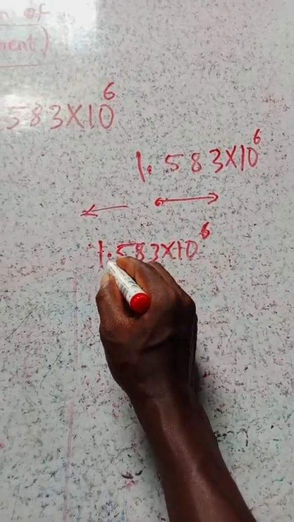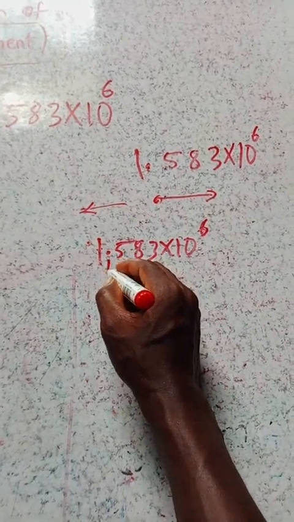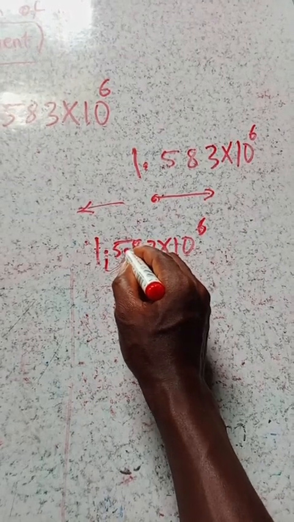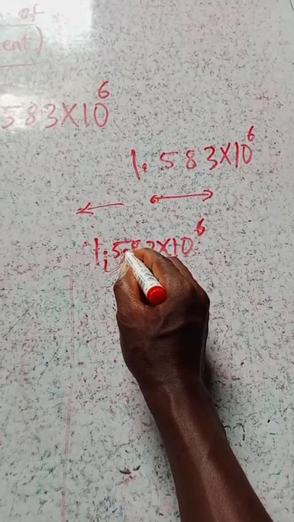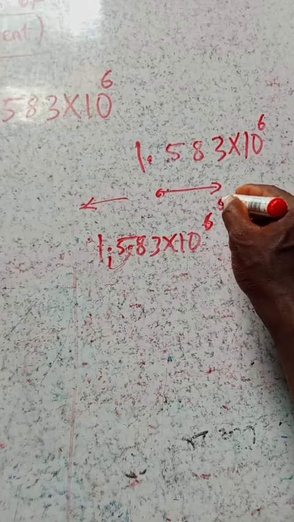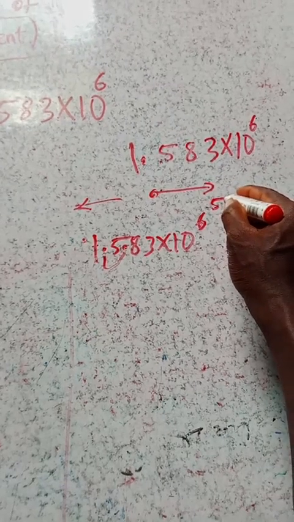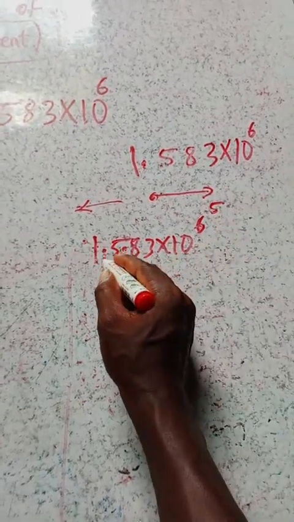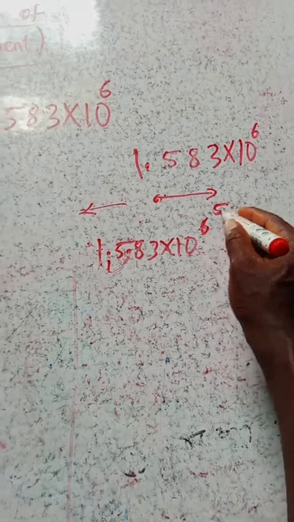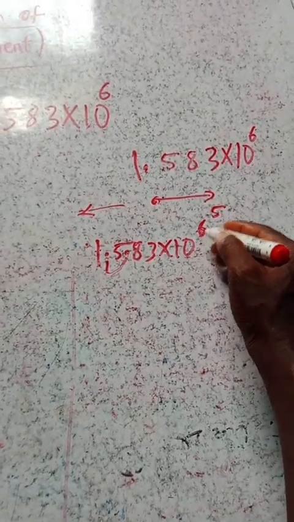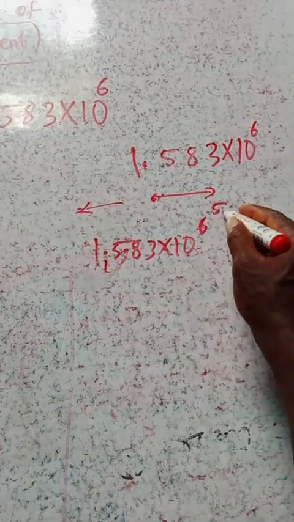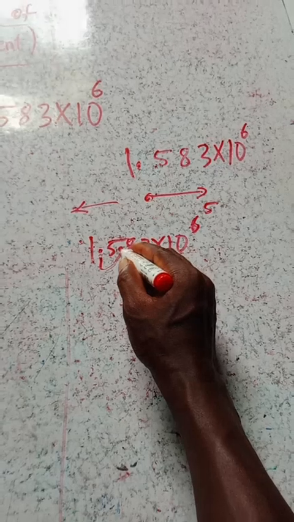If we take this decimal point to the next point here, it means that the power here will reduce to 5. Are you getting it? As you are shifting the decimal point, the power will be reducing by 1, from 6 to 5.